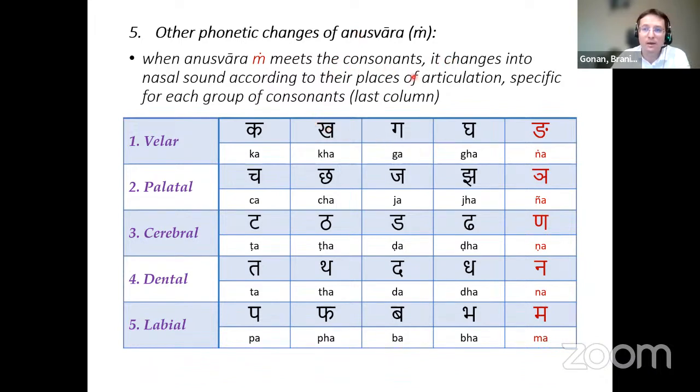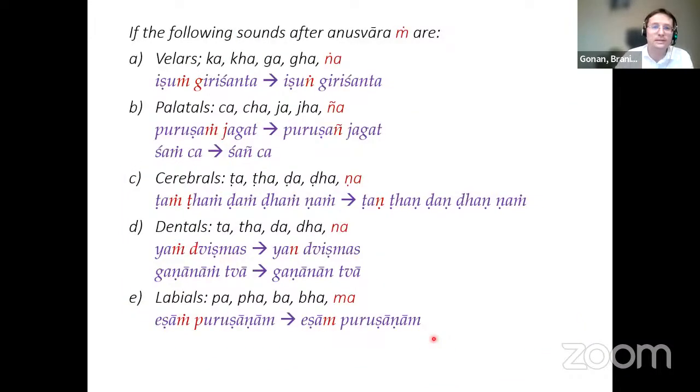These consonants change into nasal sounds according to their places of articulation. Maybe it looks a bit complicated, but actually it's not. Whenever you see anusvara before these, the anusvara sound changes into the nasal representation of each class, right? And now you will see the example, so it will be a bit clearer.